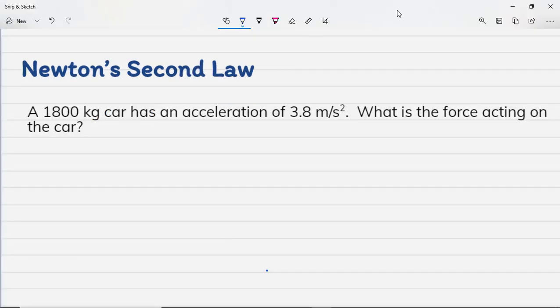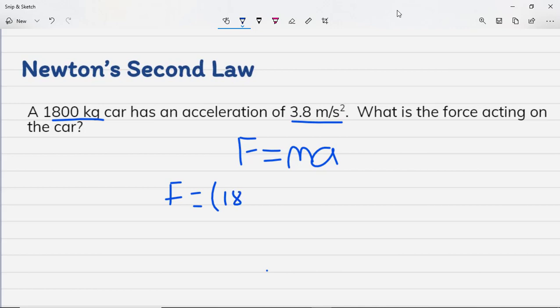An 1,800 kilogram car has an acceleration of 3.8 meters per second squared. What is the force acting upon the car? Well, we know that F equals ma. So we can figure out the force by just simply plugging in the variables here. Your mass is 1,800 times your acceleration.